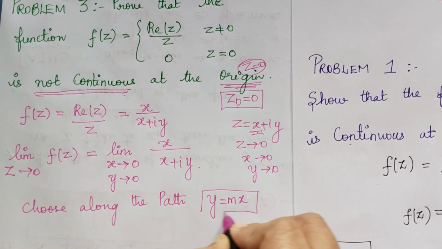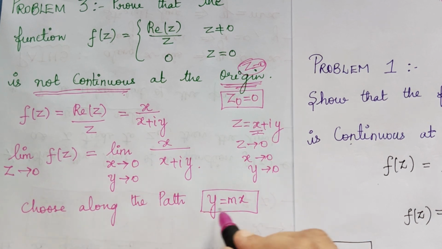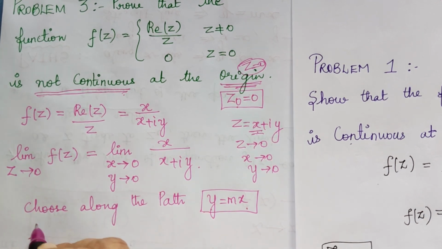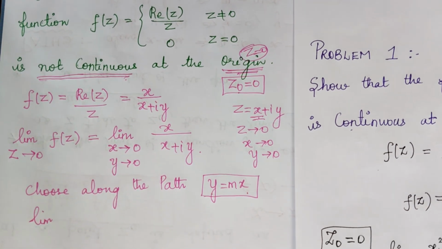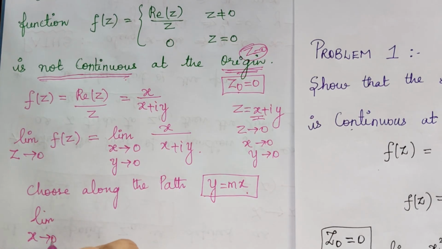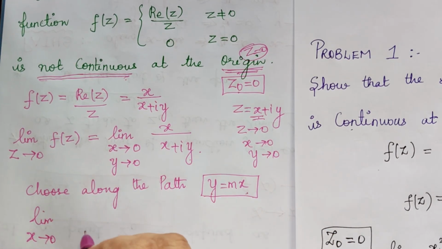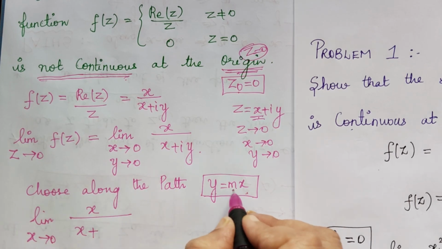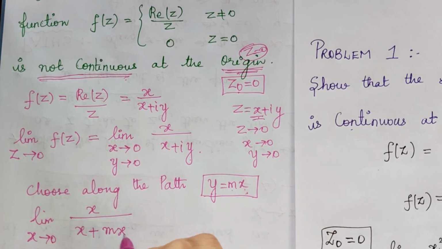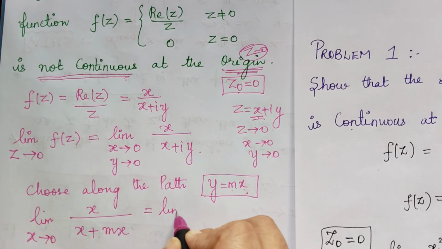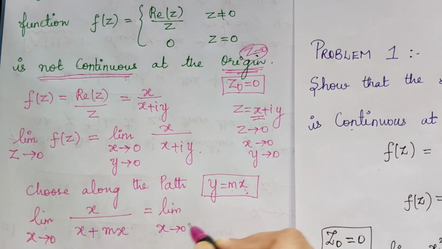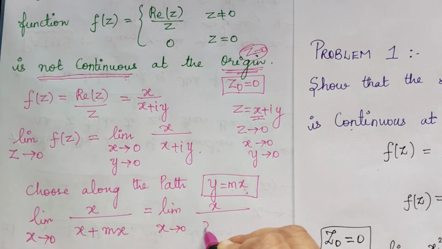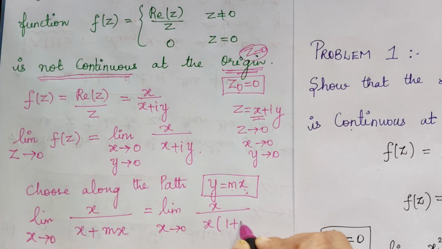Along this path, since y is equal to mx, we will have the limit only for x tends to 0, because we are going to replace y in terms of x. So x divided by x plus iy becomes x divided by x plus imx. That is equal to the limit as x tends to 0 of x divided by, x being common in the denominator, x times 1 plus im.